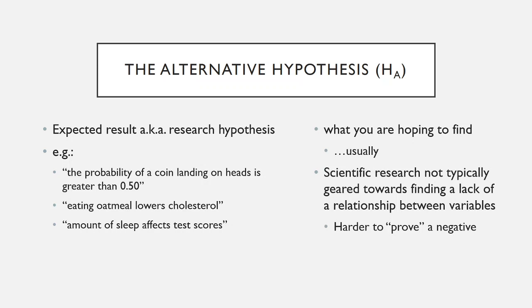So just because you fail to find a relationship between variables in your particular research analysis does not prove that those variables are unrelated. It just proves that you didn't find that relationship there. Proving a negative takes a lot more collections of data to try and set up a precedent for the variables being unrelated. So scientific research is typically not geared towards not finding something. So typically you're going to want your alternative hypothesis to be what you are hoping to find.